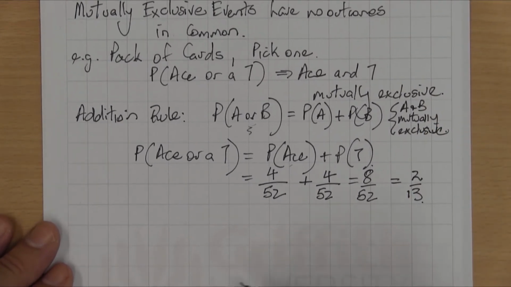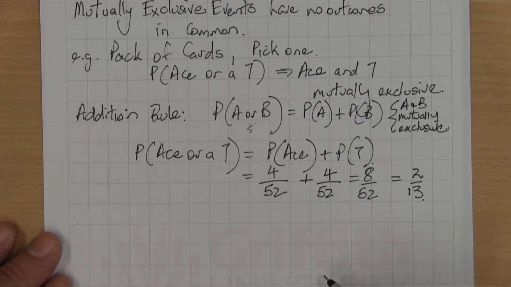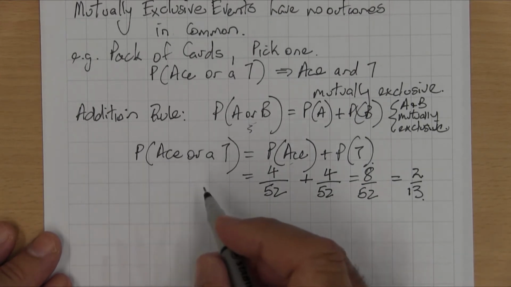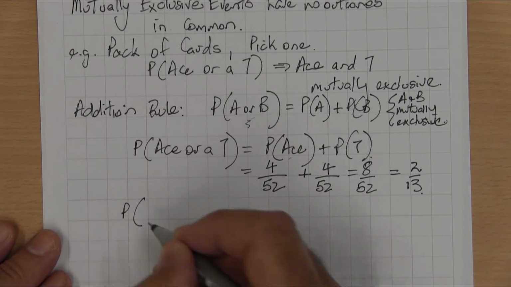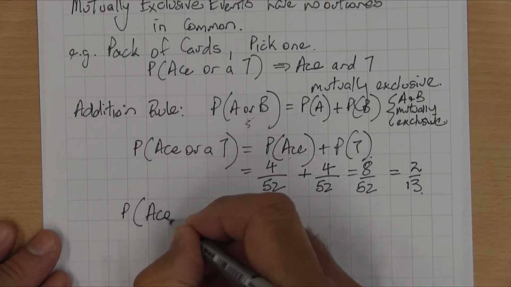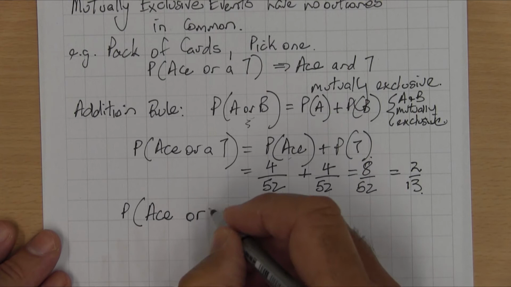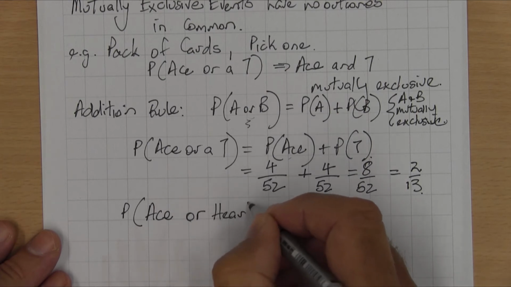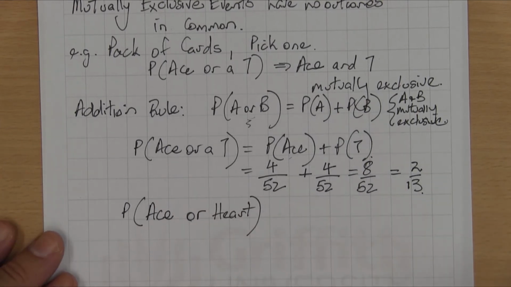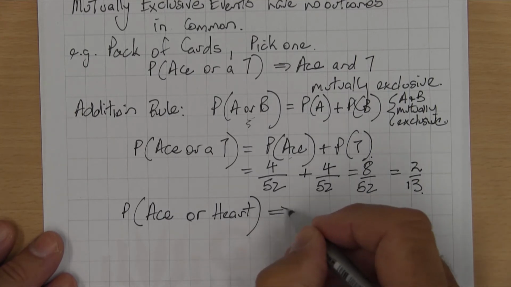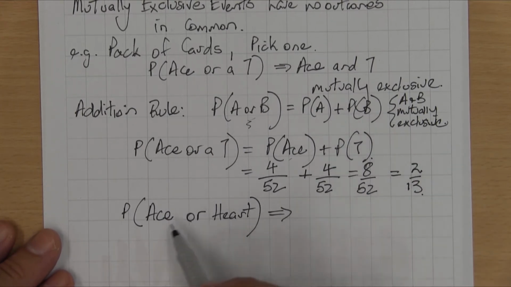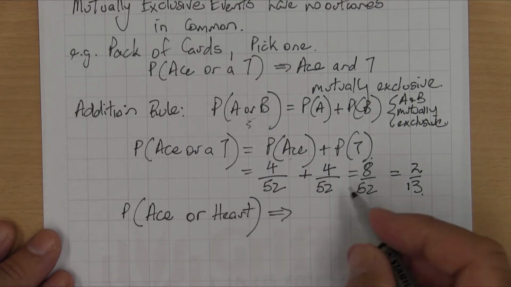Let's go a step further and have a look at events that are not mutually exclusive. So we want the probability it's an ace or a heart. Okay, think about a pack of cards, the aces and the hearts. There are 4 aces and there are 13 hearts.